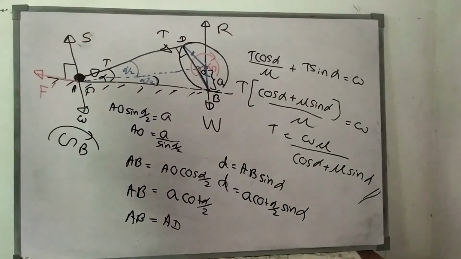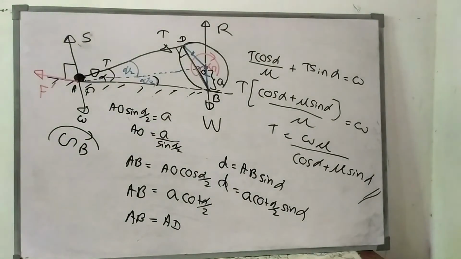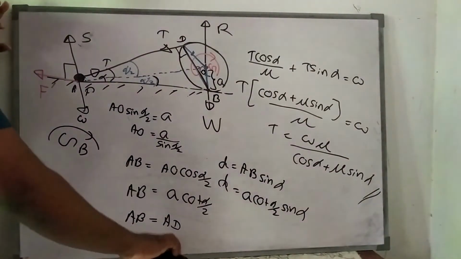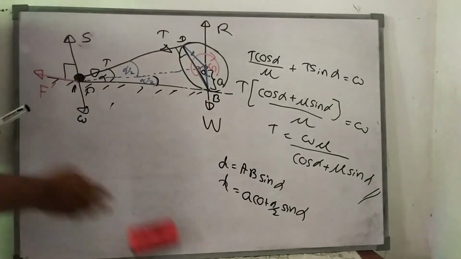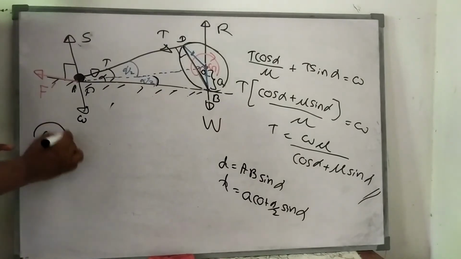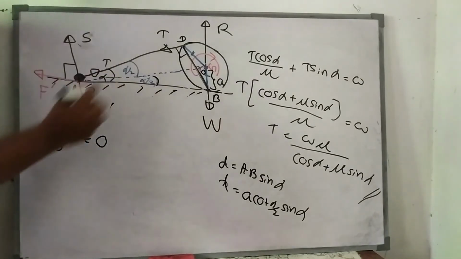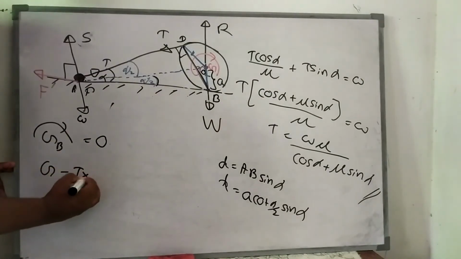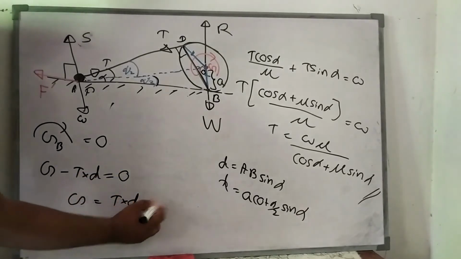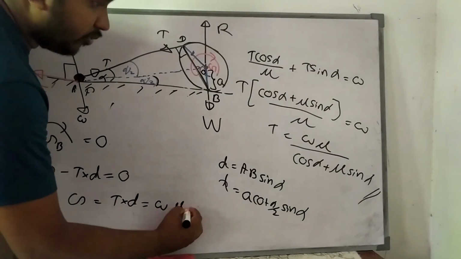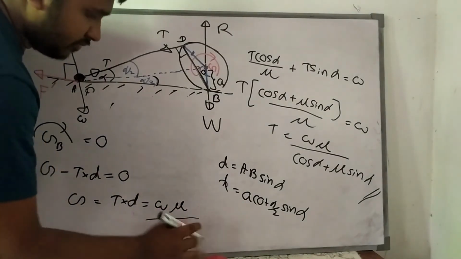So we just need to calculate the G value, the moment value. Anyway, the cylinder is in equilibrium. So moment around B: G equals, it's G minus TD.